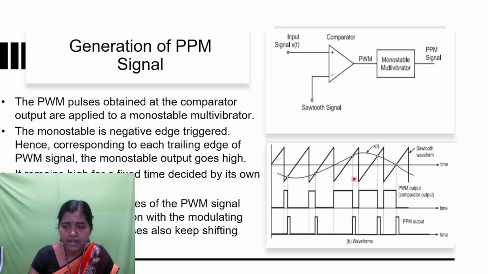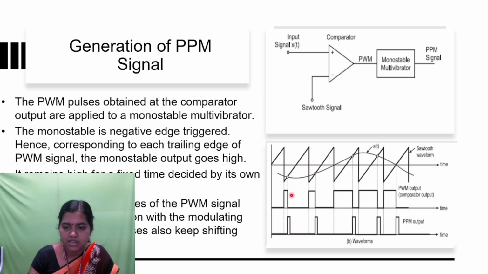This we already discussed in the pulse width modulation output. After the monostable multivibrator, it remains high only for a fixed time. So then your width becomes constant, but the positions change.